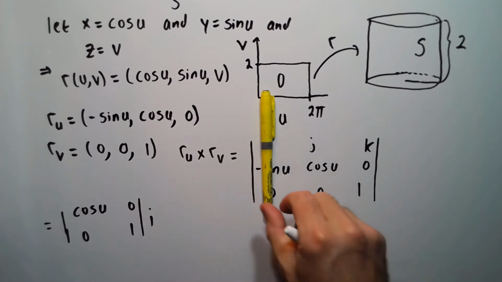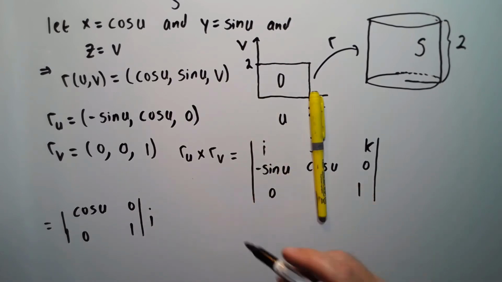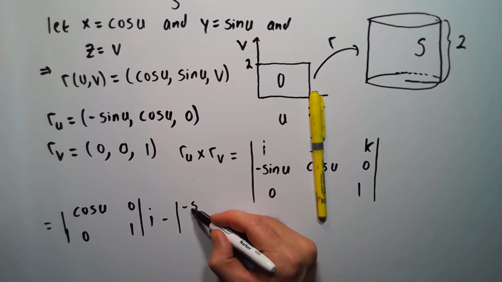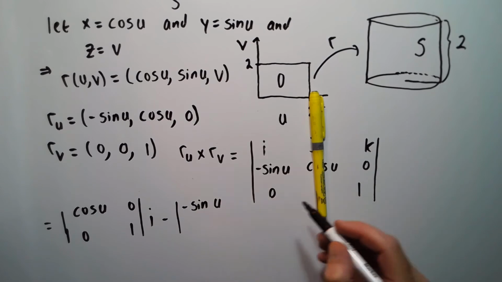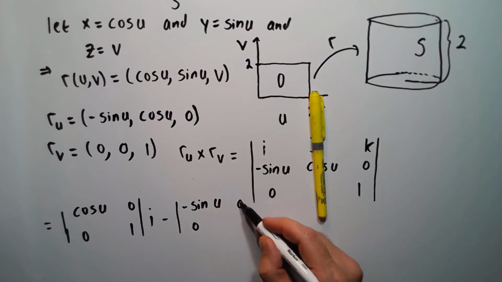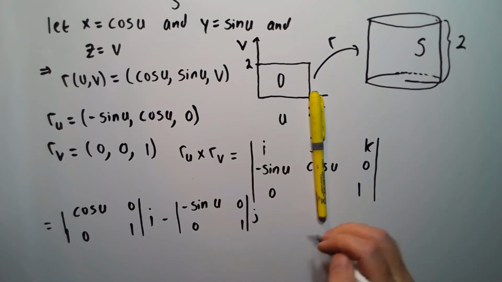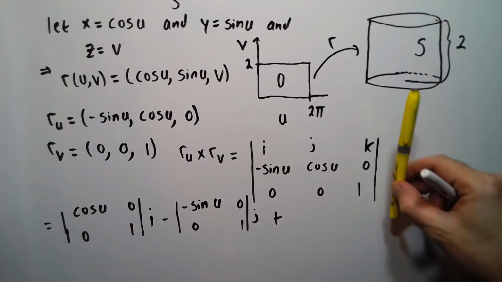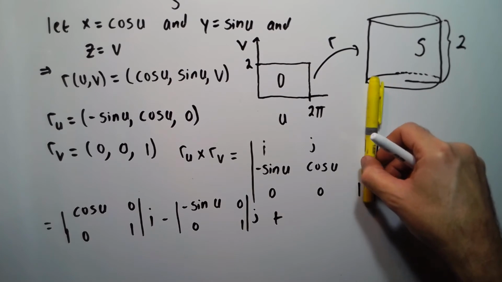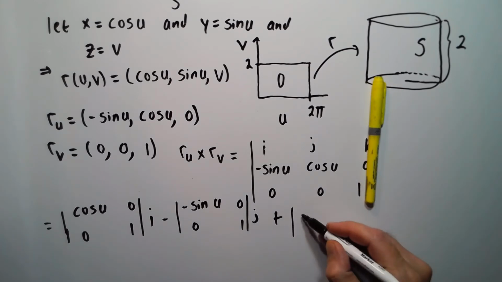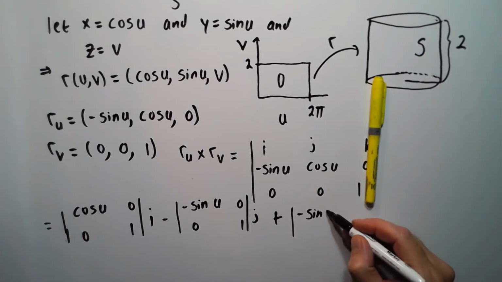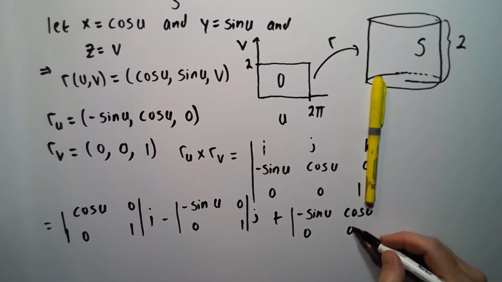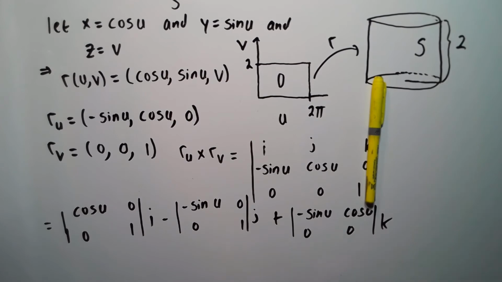That's i. Then doing j, we have a minus, so j would be minus sine u, 0, 0, 1. And then plus the k one: negative sine u, cosine u, 0, 0.